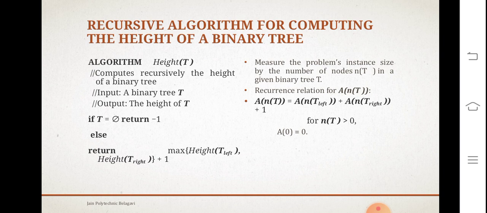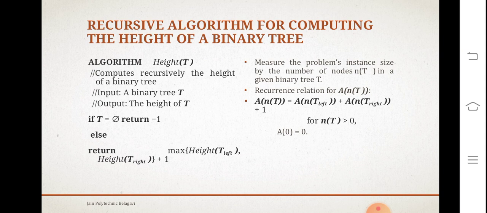So as an example for a binary tree, I am considering here a recursive algorithm for computing the height of a binary tree. So it is a pseudocode here for computing the height of a binary tree, and we have to recall that the height is defined as the length of the longest path from the root to a leaf, and hence it can be computed as the maximum of the heights of the root's left and right subtrees plus 1, and we have to add 1 to account for the extra level of the root.